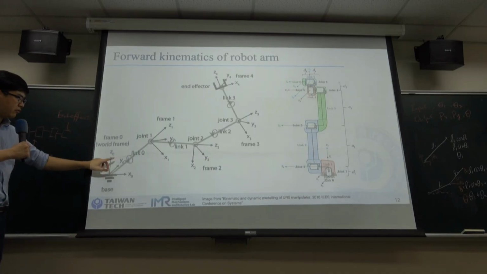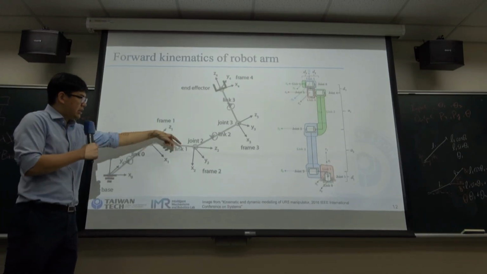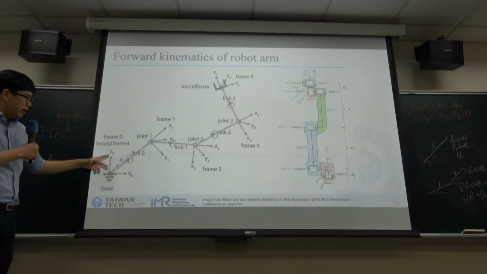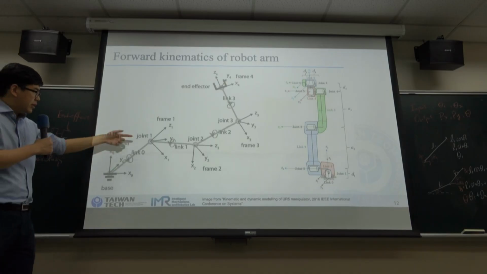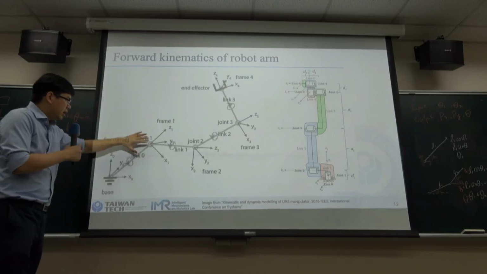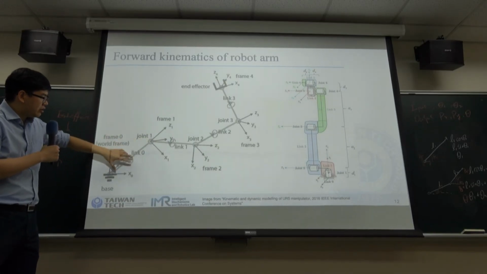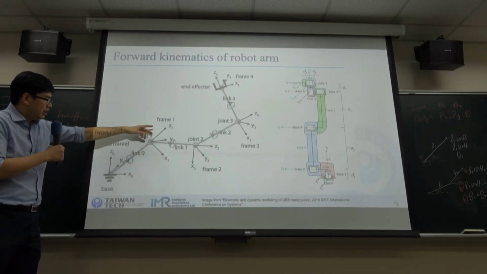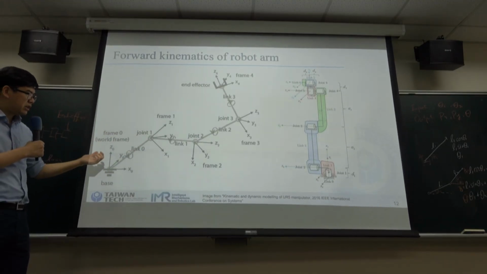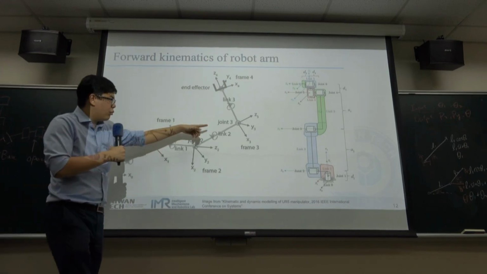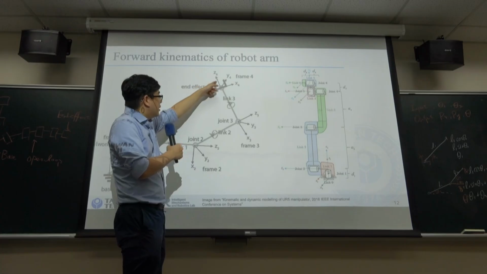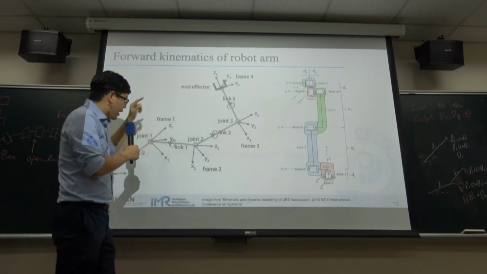We assign the local frames at each joint. After establishing all the local frames at each joint, we can calculate the relationship between the adjacent frames, and then we have the homogeneous transformation matrix. Then we multiply all the homogeneous matrices together, and we will get the end effector frame with respect to the base frame.